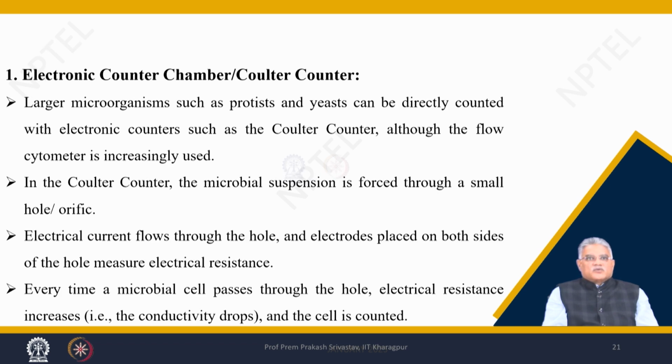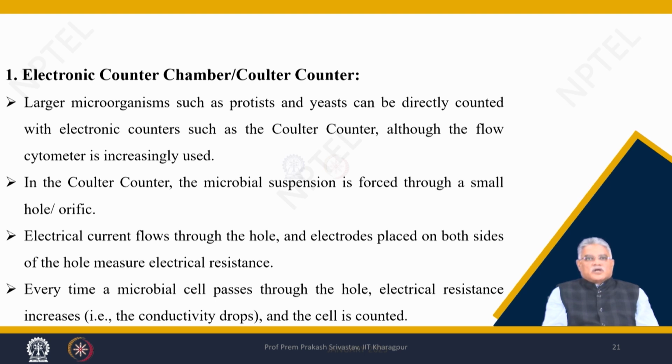Now, electronic counting chamber or Coulter counter. Larger microorganisms such as protists and yeasts can be directly counted with electronic counters such as the Coulter counter, although the flow cytometer is increasingly used.